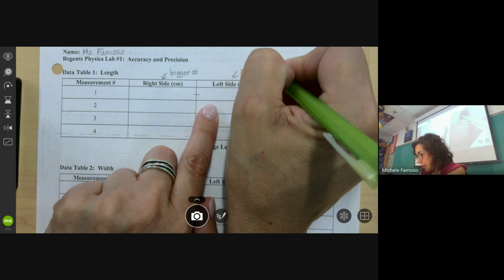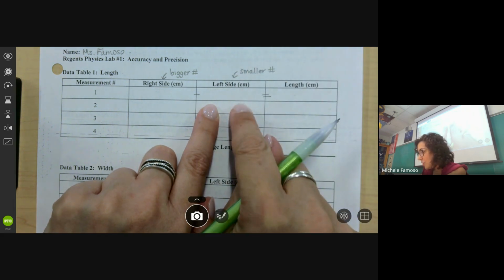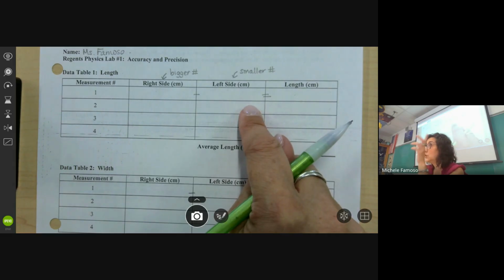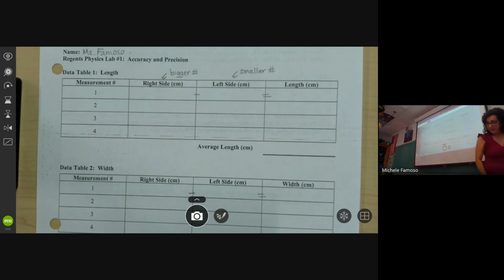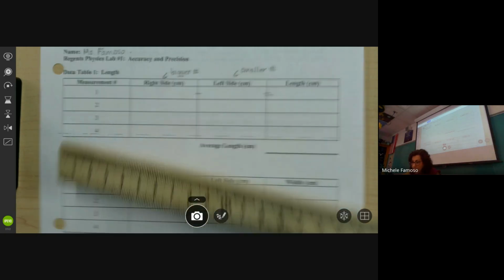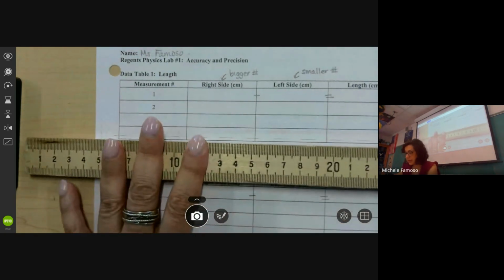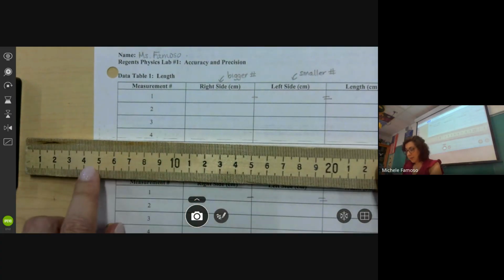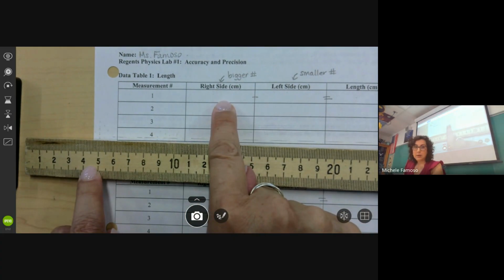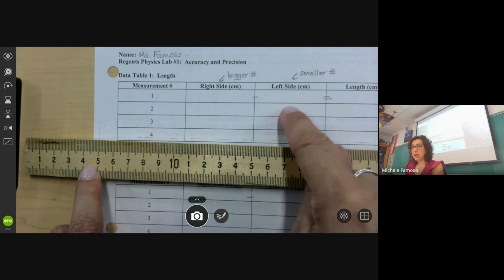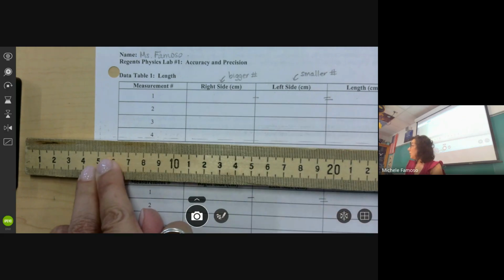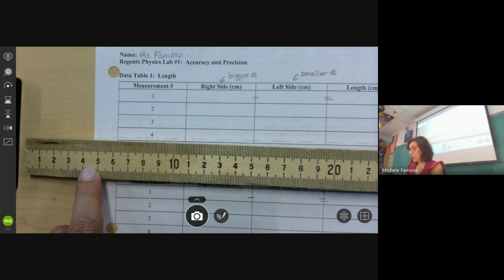Now, this is weird because the left side is in the right column. So sometimes I see kids, when they just take the meter stick to measure something, they reverse them. It's got to go over here because that's going to be the smaller number, okay? So just make sure you put it in the correct column.